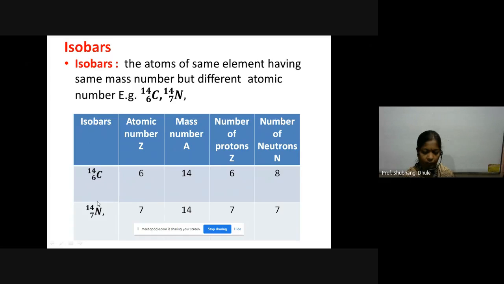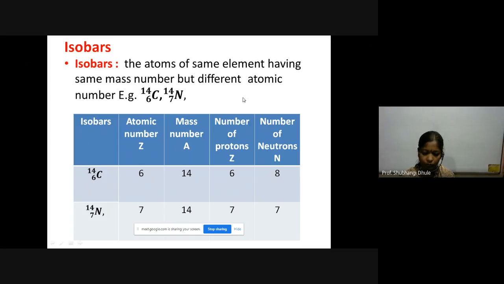Carbon and nitrogen are examples of isobars. For carbon, the mass number is 14 and the atomic number is 6, so the number of protons is 6 and the number of neutrons is 14 minus 6, that is 8. For nitrogen, the mass number is 14, the atomic number is 7, the number of protons is 7, and the number of neutrons is 14 minus 7, that is 7.